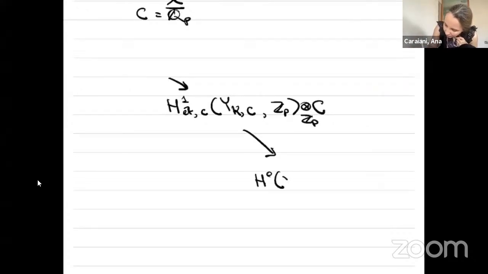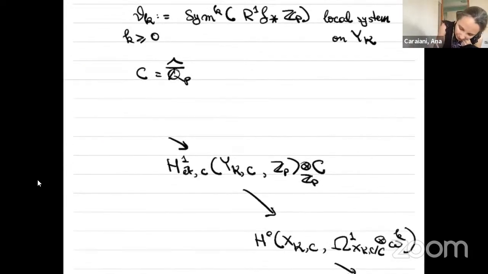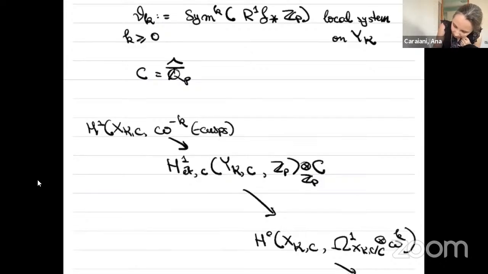So here I would have H^0 of X_K, again base changed to C, differentials on X_K, tensor omega^k, to 0, and coming in, we have higher coherent cohomology, H^1, again X_K, omega^{-k}, and with zeros at cusps.